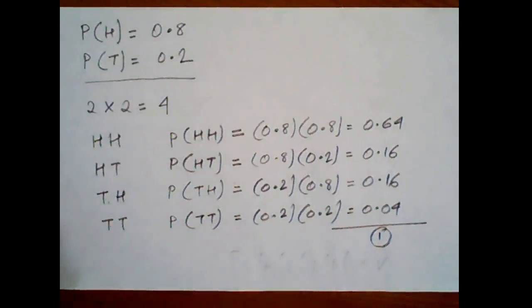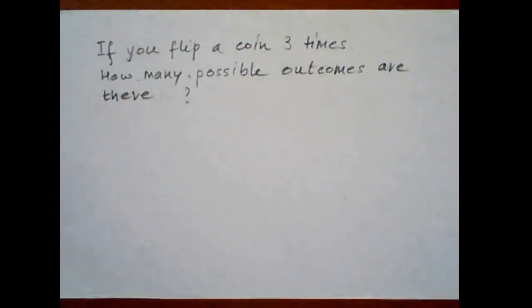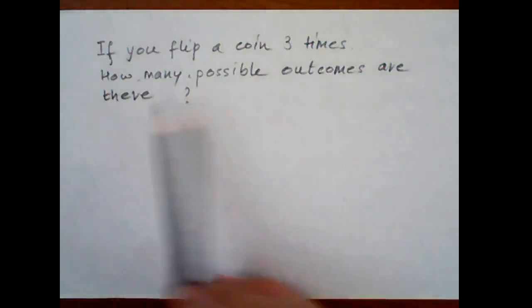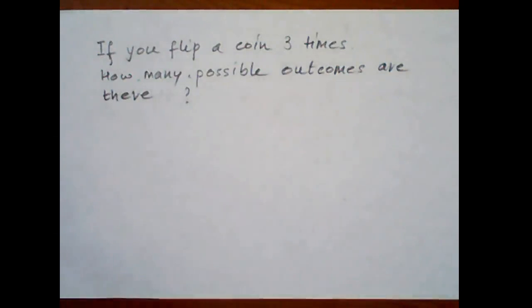Now let us proceed to the real thing that I wanted to discuss, and through which I'm going to try and show you one other interesting property of probability. Okay, so let's make the problem a little more complicated. If you flip a coin 3 times, how many possible outcomes are there?